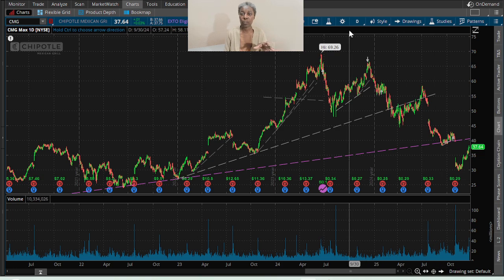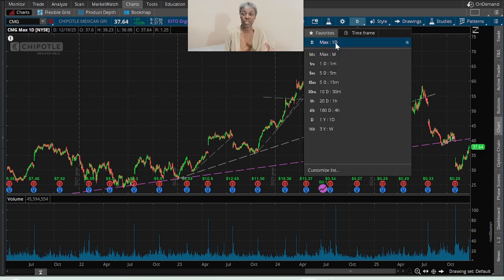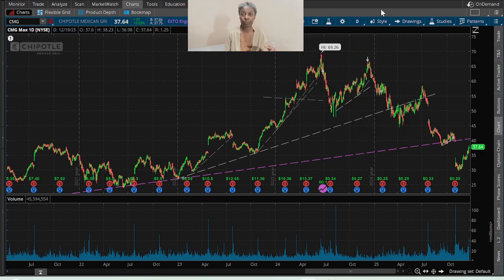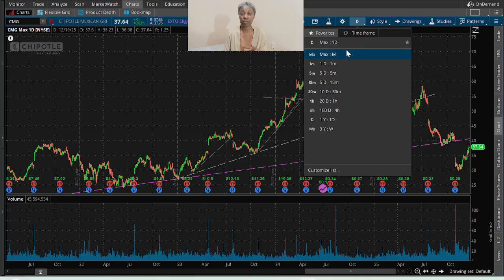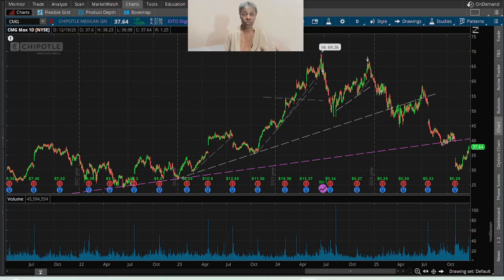And I'm okay going between maximum monthly chart and maximum daily chart from here on. And those you have to add as well, because usually it comes with shorter time frames, but you'll have to go to the time frame and set those bigger ones, those maximum ones.